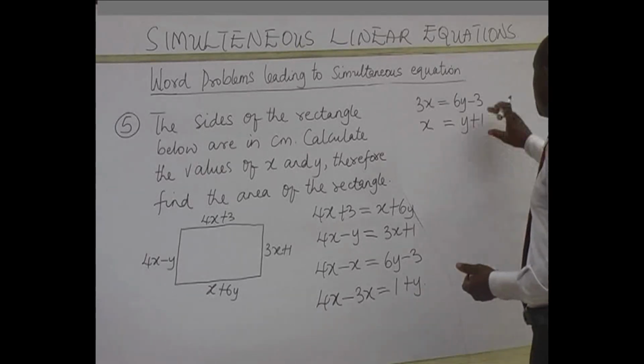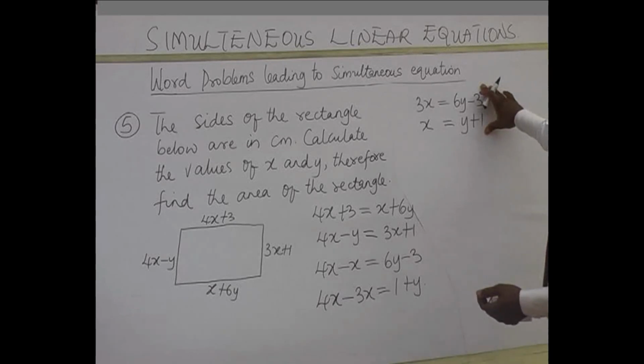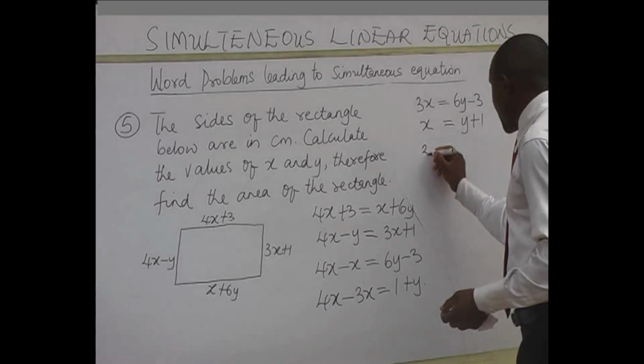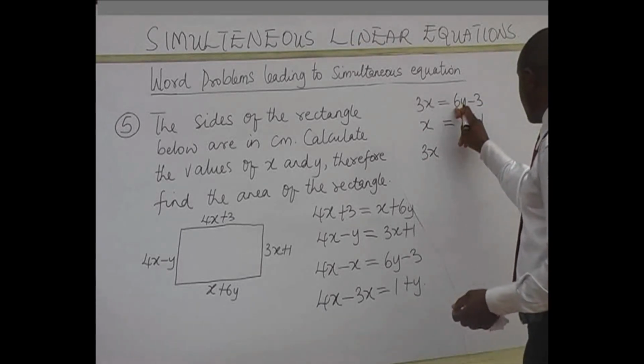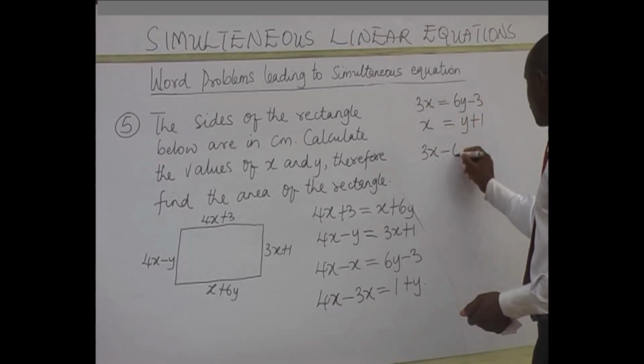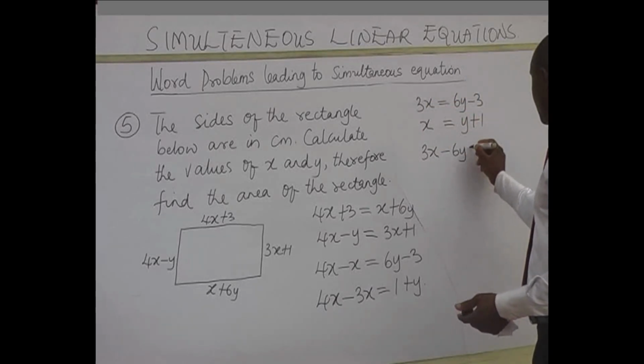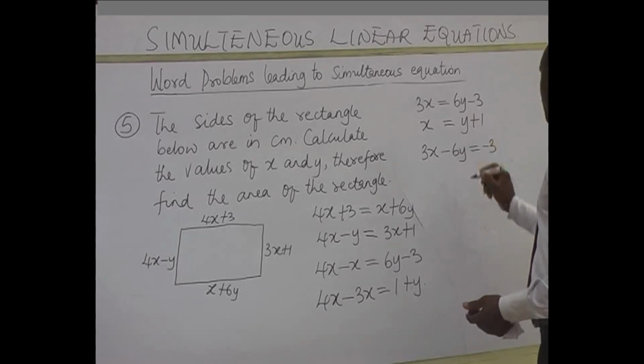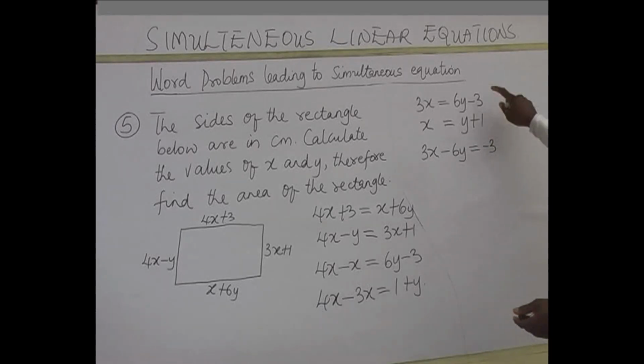Now we are going to rewrite these equations to be in a better form of simultaneous equation. We're going to have 3x, and 6y coming to the left hand side from the right hand side, we change to minus 6y, is now equal to minus 3. That is a better way to write that equation.